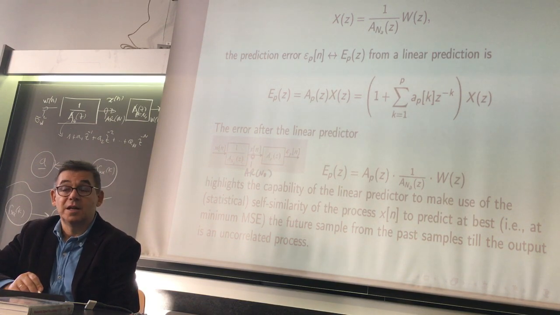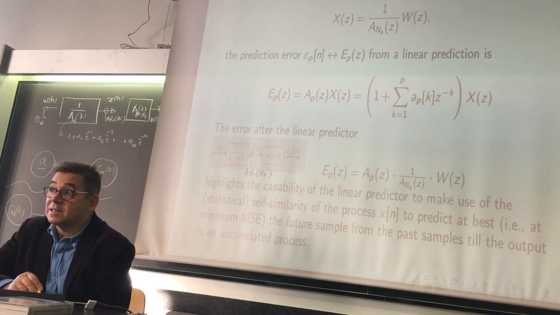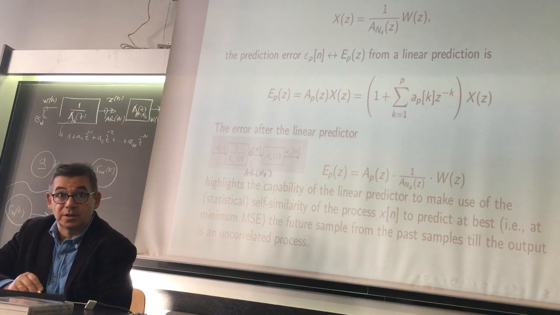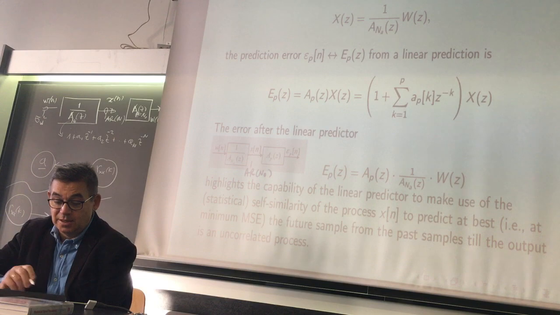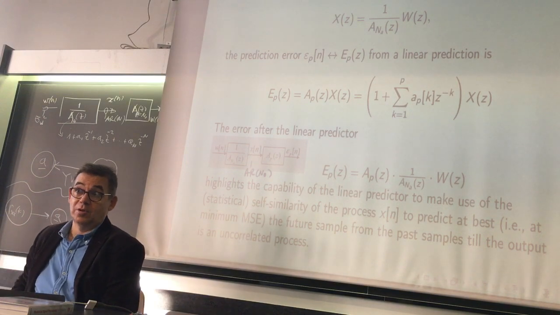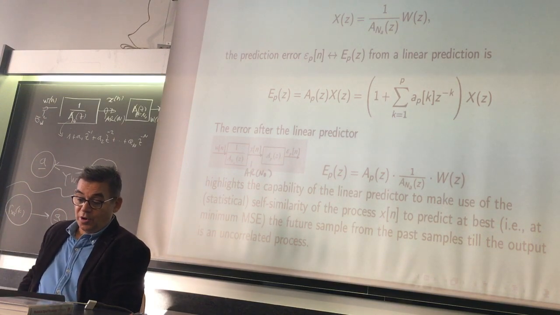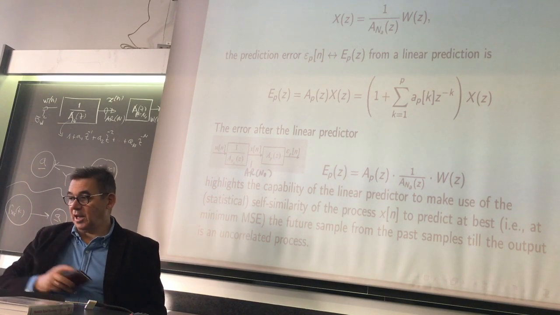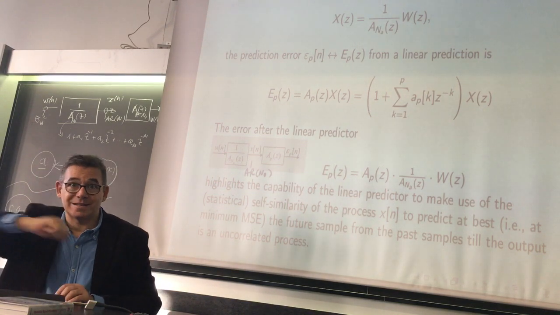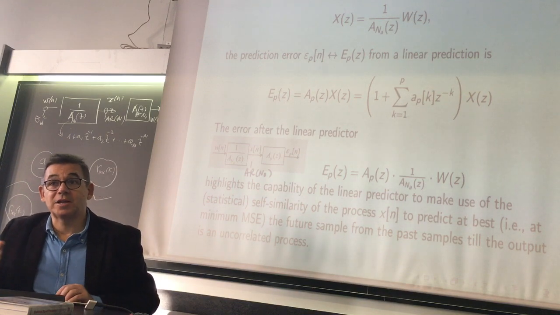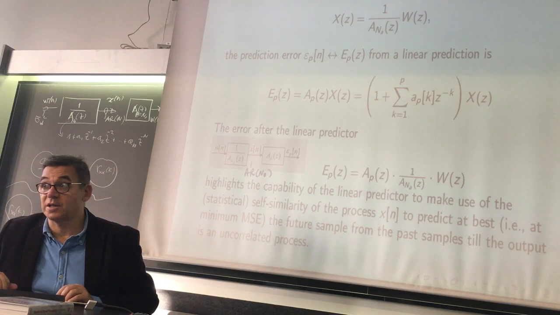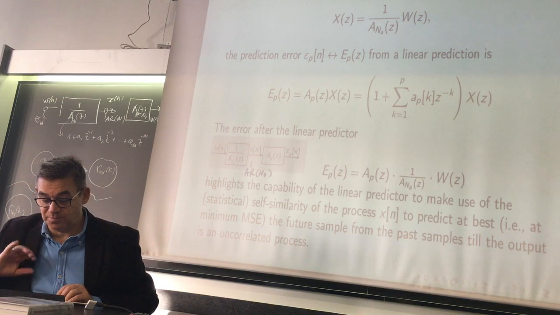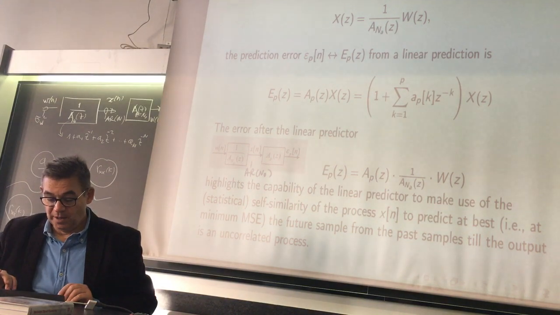It tries to do the best to whiten the random process as much as possible, by zero canceling the poles as much as the linear prediction can do.